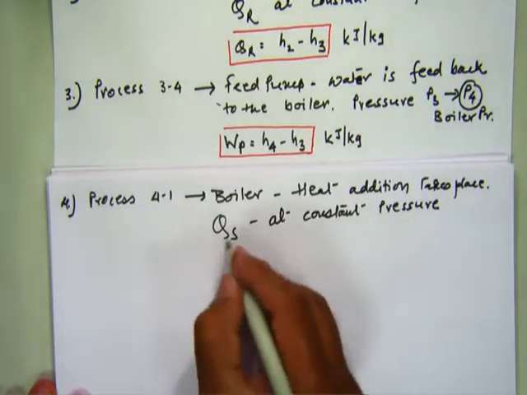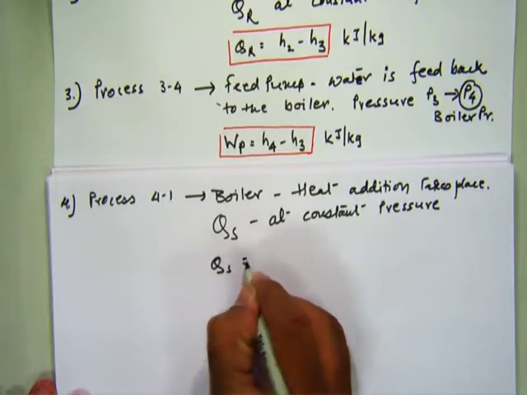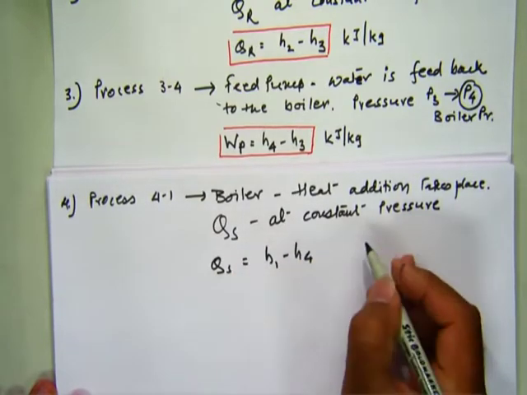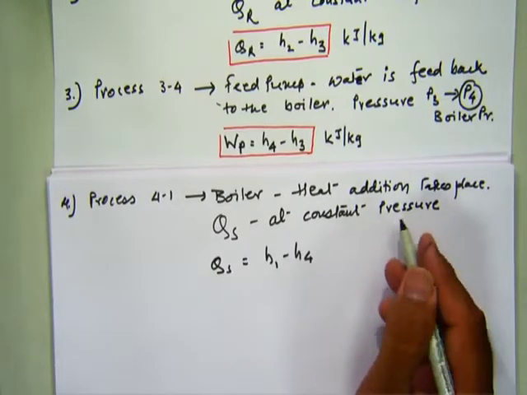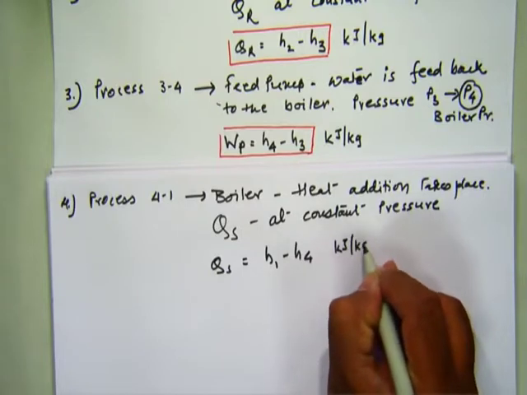So, what is heat addition? Qs is equal to H1 minus H4 kilojoule per kg.